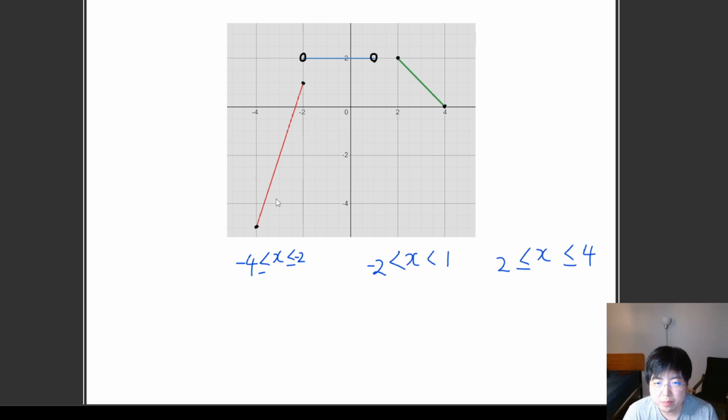So the red part, again, is a linear function. To find the linear equation, we need to find the slope. So you just pick some nice points where the graph passes through the corner of squares, because that's easy to read, right? So this point looks easier to check because x is -3 and y is -1, right?